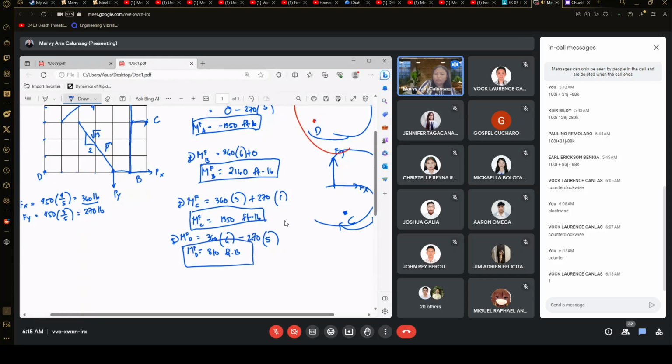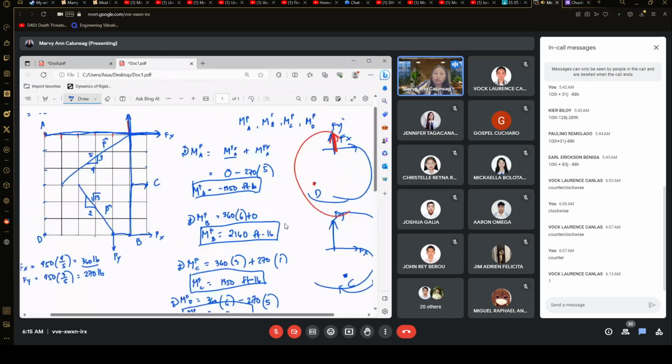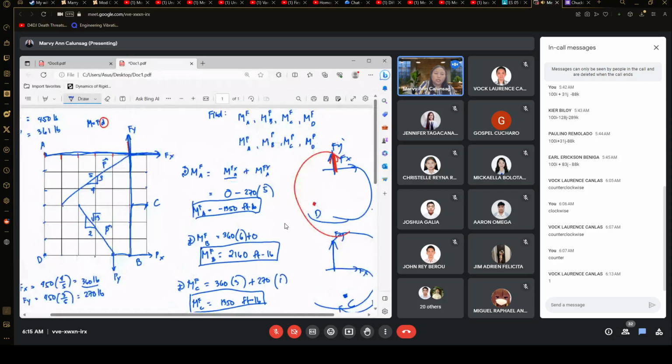Okay, so I will give the moment of P about points A, B, C, and D, your assignment. O mahuman na mag-solve, you can actually solve that right now. Then you may type in your answer sa group chat, or you can picture your answer sa group chat, just so that I would know nga naka-solve mo, and nakasakto mo.